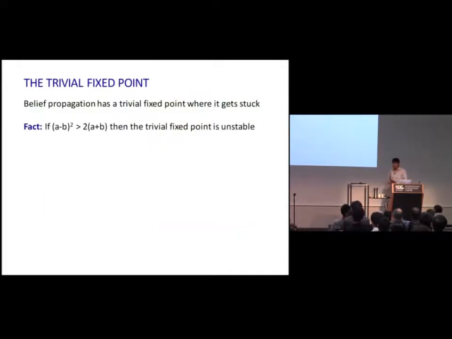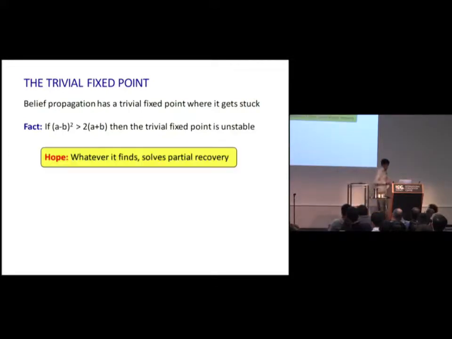That happens regardless. But what turns out to be true is that when (A minus B) squared is larger than 2(A plus B), this one trivial fixed point actually becomes unstable. So you can do a local analysis of this fixed point and show that any slight perturbation around it will all of a sudden take you away from it. So the hope was, this is the chain of reasoning that went into this prediction, that belief propagation is among all algorithms the optimal algorithm.